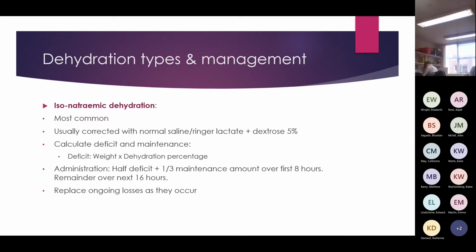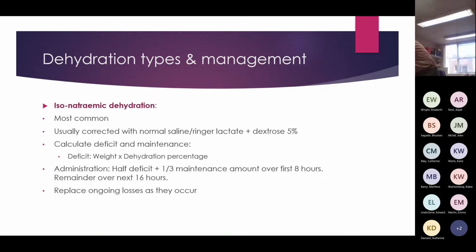In the first 8 hours, we would be giving half the amount of the deficit plus 1/3 of the maintenance therapy. And over the next 16 hours, which is phase 3, we would be using the other half of the deficit therapy and the remaining 2/3 of the maintenance therapy. If there are ongoing losses, as in diarrhea or vomiting, we would be replacing the ongoing losses as they occur.